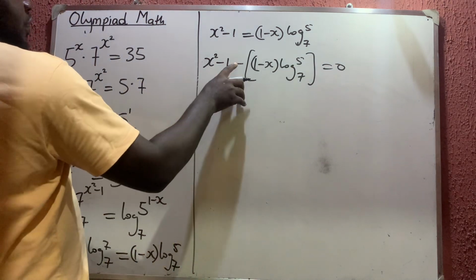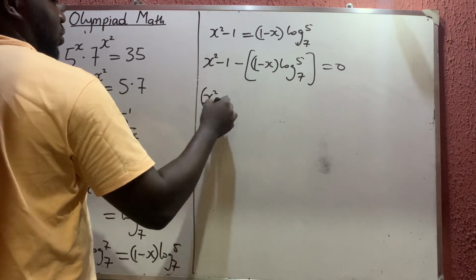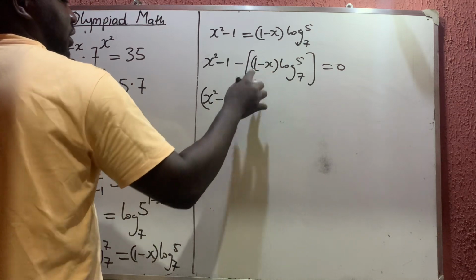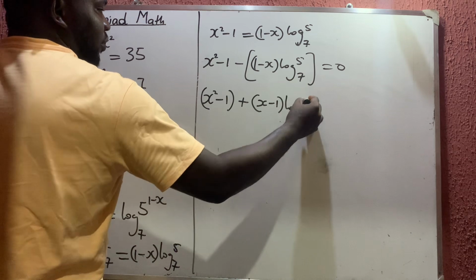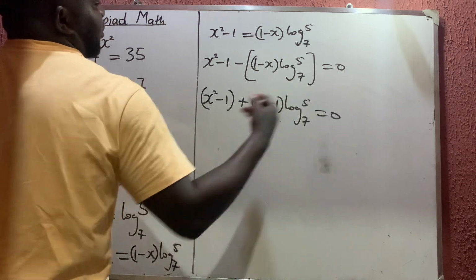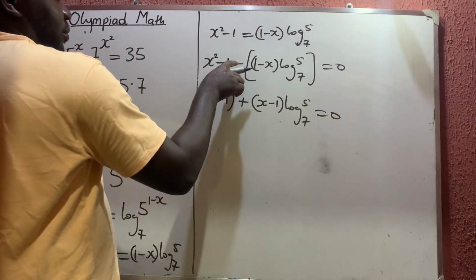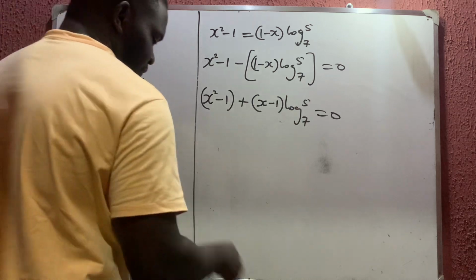Okay, now if I use this minus to clear here, I'm going to be having x squared minus 1, plus, inside here will now change to be x minus 1, then log 5 base 7 is equal to 0. Using minus again to multiply this. Okay, let me make it clear for you.